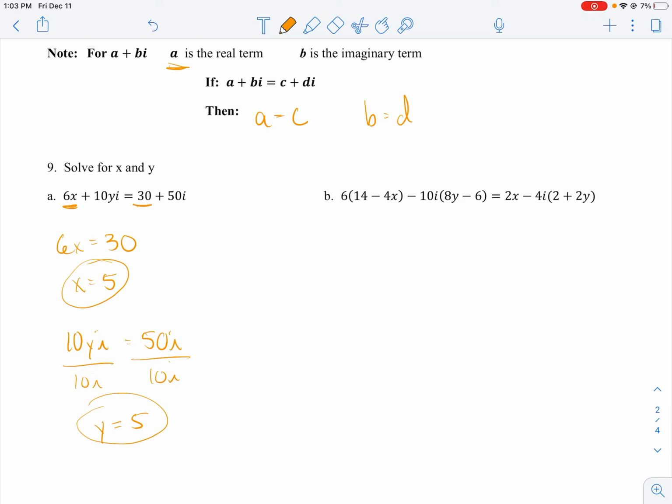Now, unfortunately, for B, we got a little bit of work to do before we get started here. So I'm going to multiply this out.